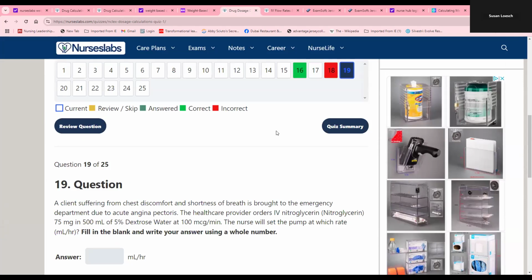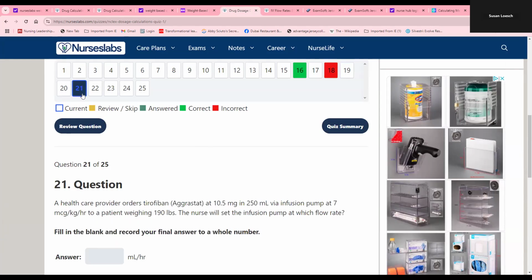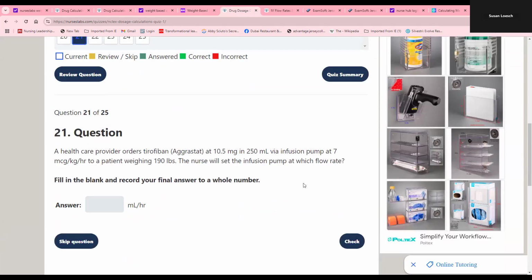Let's see if there's another weight-based one on here. Okay, here's another one. Number 21.